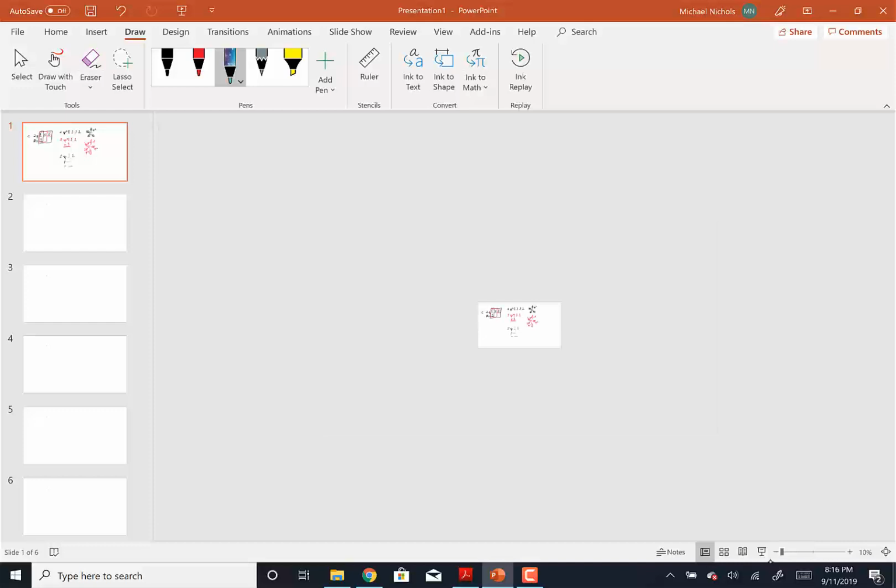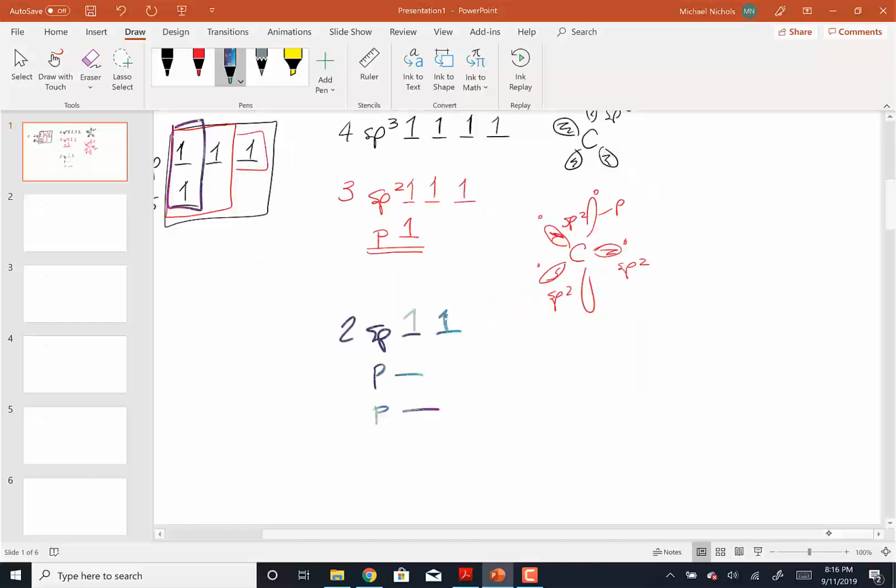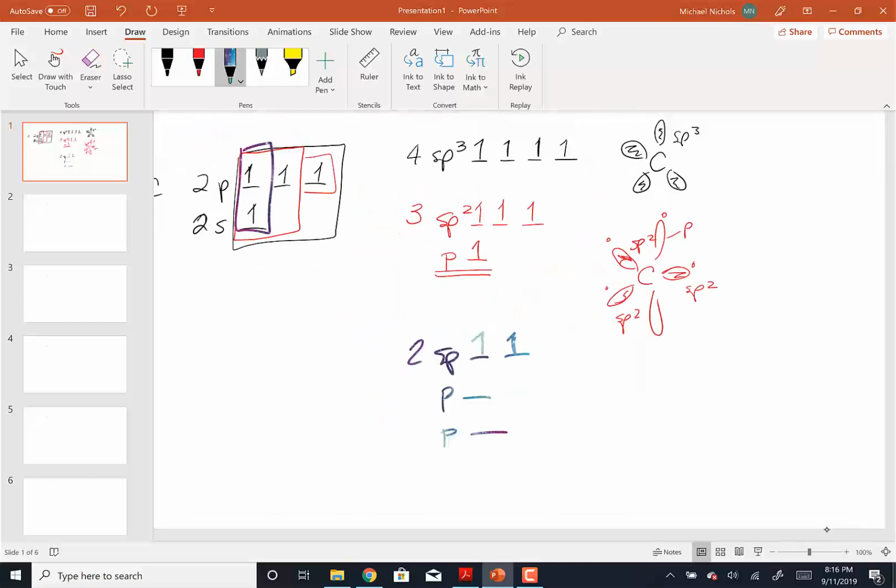And so again, the geometry here for the carbon would be to put the 2 sp hybrid orbitals 180 degrees because they'd be linear, and then fit the unhybridized p orbitals into the spaces where we would have a py and a pz orbital. And again, each one of those would get one unpaired electron each.